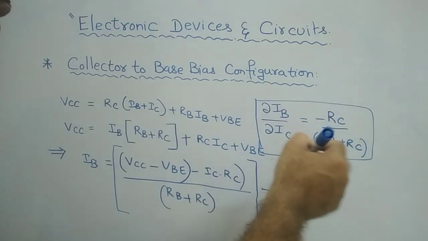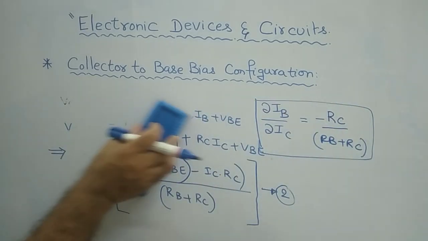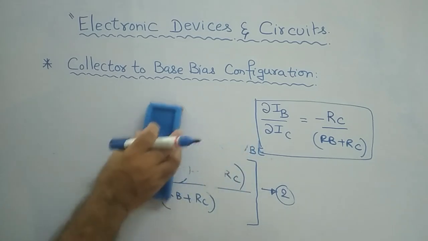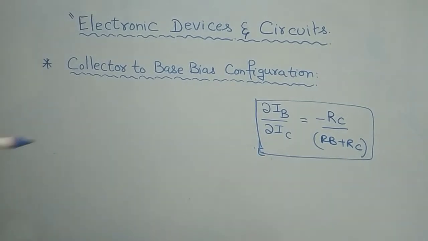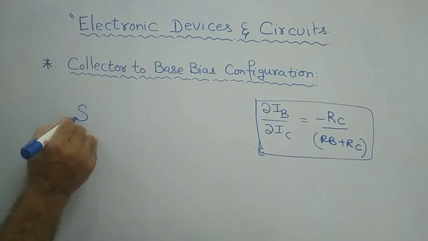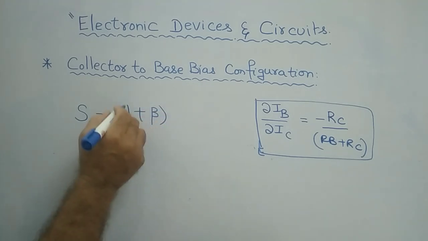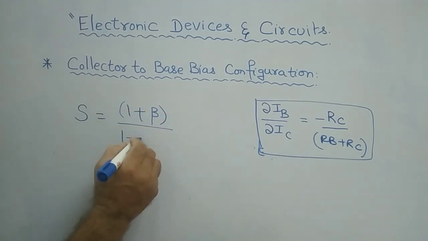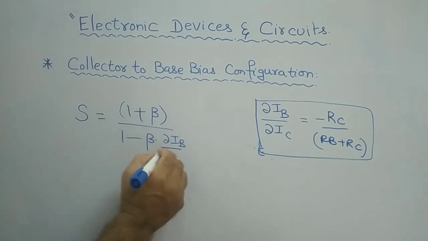Now, substitute this value in our stability factor definition, right? Substitute that dou IB by dou IC value in that stability factor equation. Then what is the stability factor? S is equal to 1 plus beta by 1 minus beta into dou IB by dou IC. Clear?